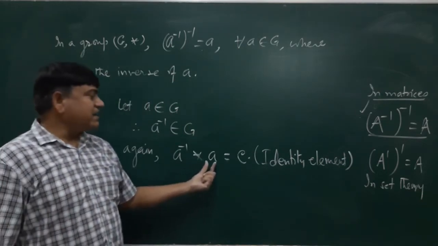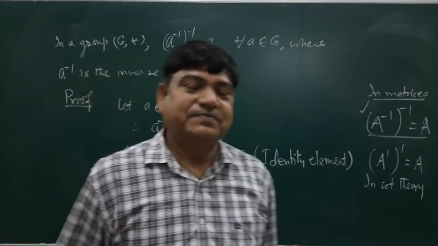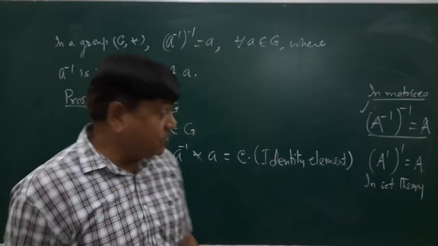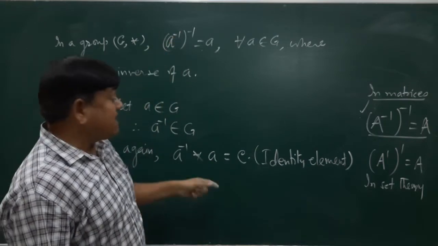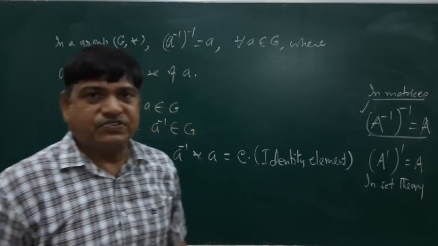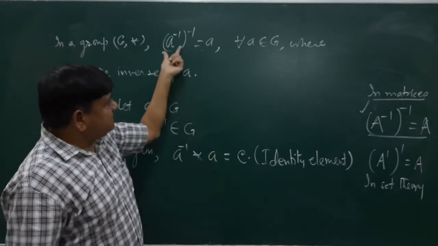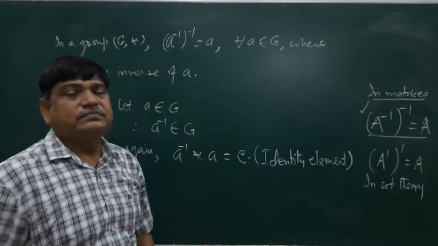A inverse star a is identity element. Why have I written this? Because I need this part. If I compose, not multiply, compose the binary operation with this one, then we get the element itself.